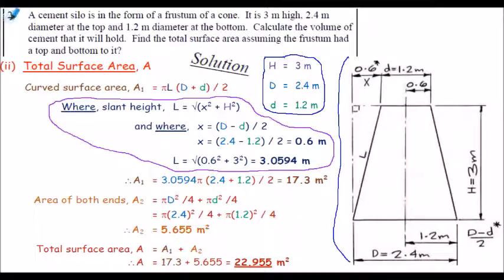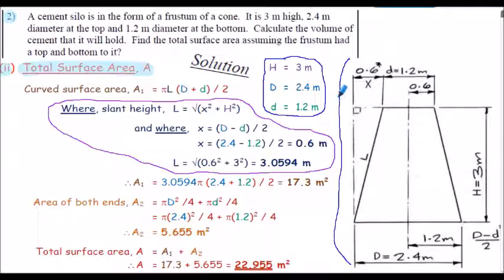Question 2, solution continued for our frustum of a cone. This is part 2. We're finding the total surface area of the frustum here. I've just repeated the geometry given in the question from the previous slide, and I've also sketched a diagram again of the frustum. So to find the curved surface area, first of all, go to A1 here. Here's our formula.